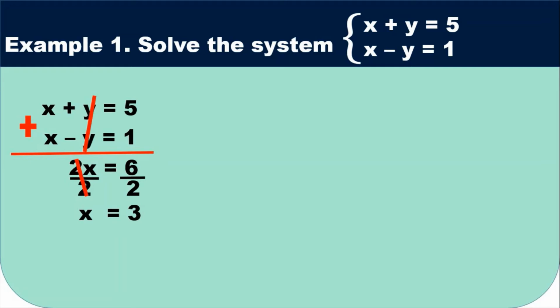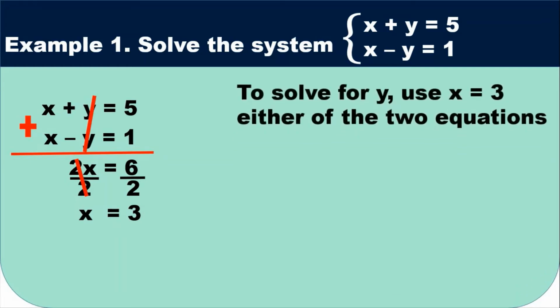To solve for the variable y, we can now use the solved value for x, using either of the two equations, whichever we think is more convenient. Let's say we want to use the first equation, x plus y equals 5. Plugging in x equals 3, we have 3 plus y equals 5.